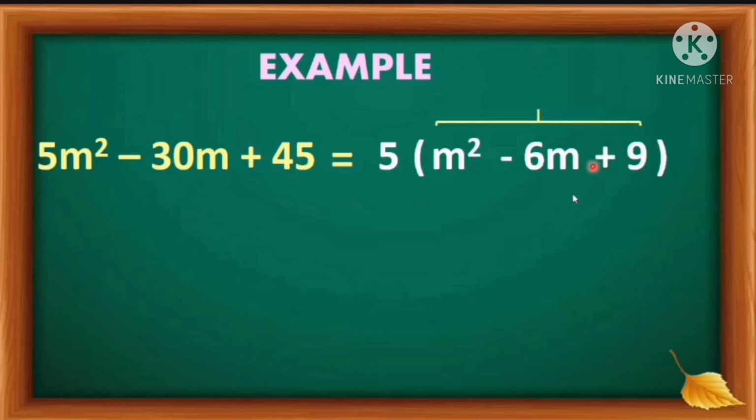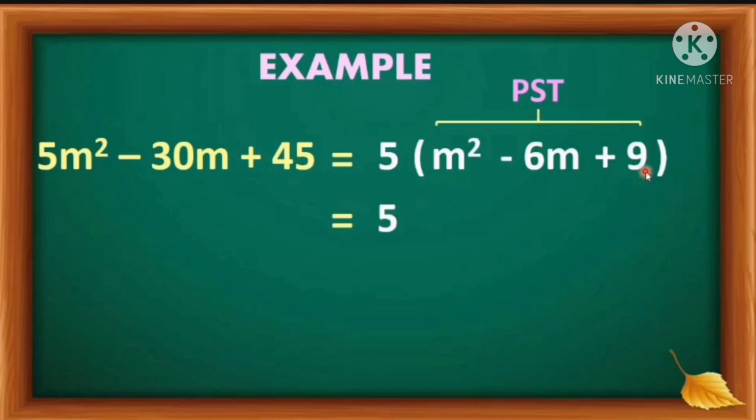The middle term is twice the product of the square root of the first term and the last term. The square root of m squared is m. The square root of 9 is 3. So that is 3 times m, that is 3m, times 2, that is 6m. So therefore, we can apply our knowledge in factoring perfect square trinomials here. So what are we going to do with 5? All we need to do is just copy 5 or bring down 5, and then we'll factor this out using PST.